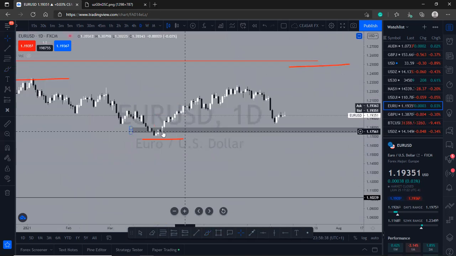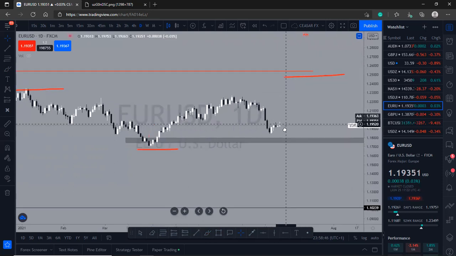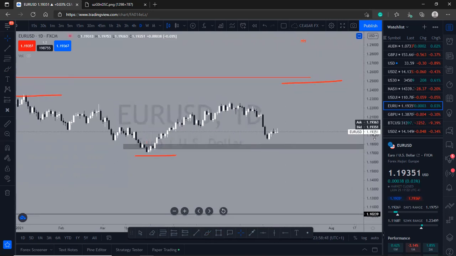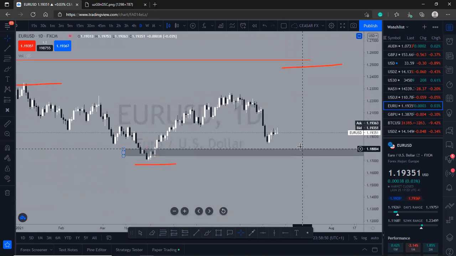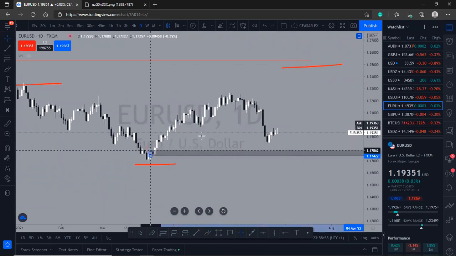As you can see, there was this order block according to weekly time frame. So on daily time frame, it might come back here to this weekly order block, to this zone. As you can see, it is there.